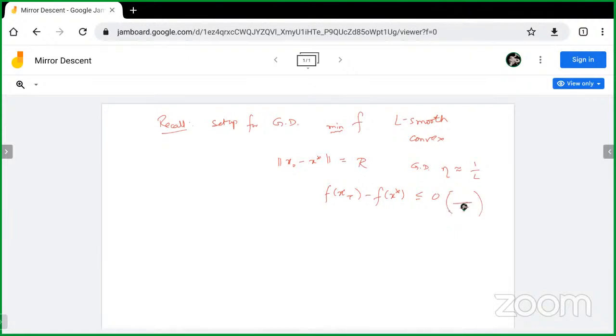Yeah, and due to the dependence on R and L as well. Yeah, so you get something like this.